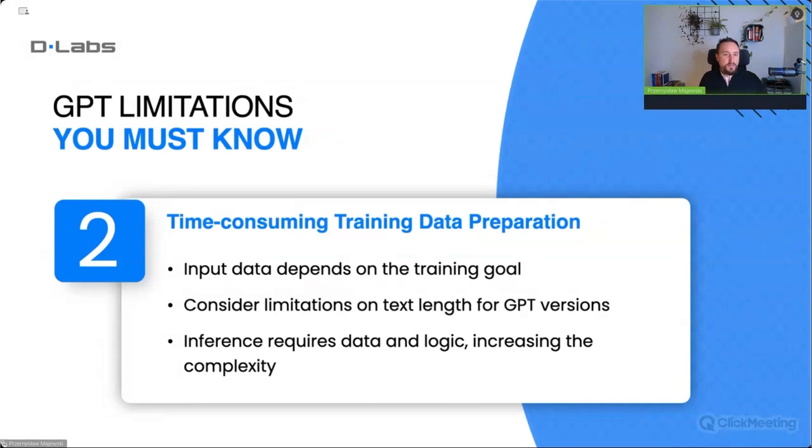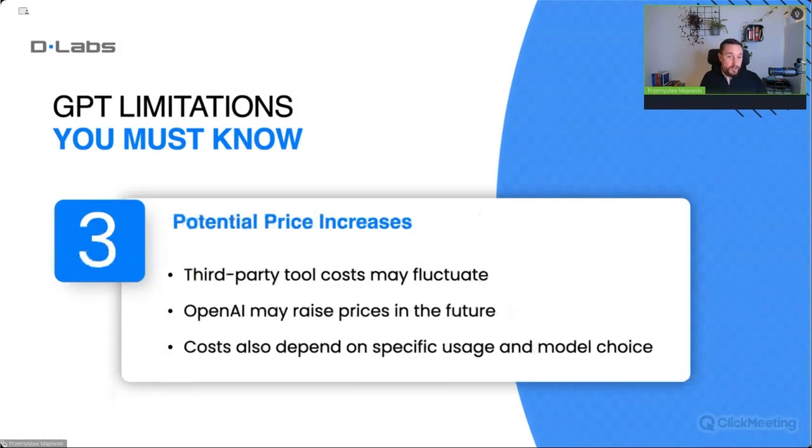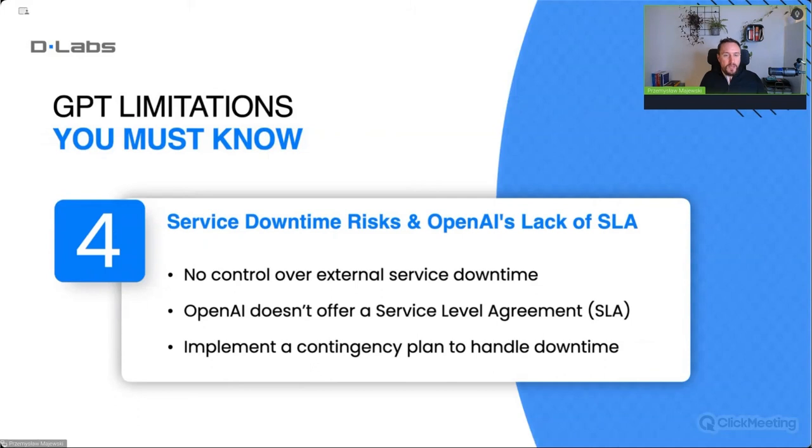Additionally, the inference process can be more complicated than just summarizing data, as it requires data and logic. Using external tools like OpenAI involves potential risks such as price increases, making contingency plans vital. In certain instances, building your own models may be the best solution.